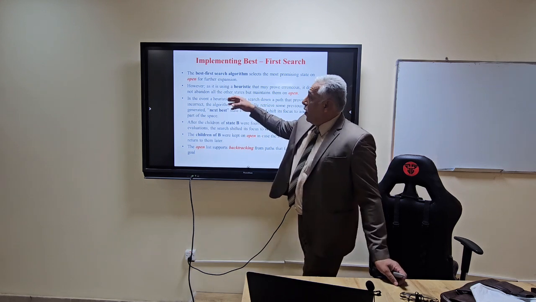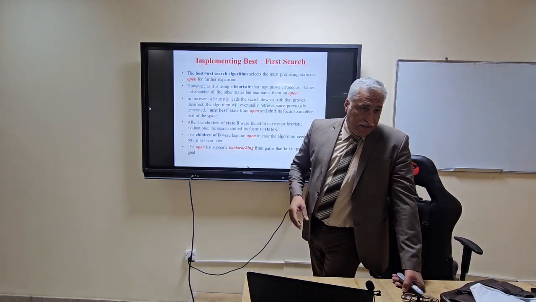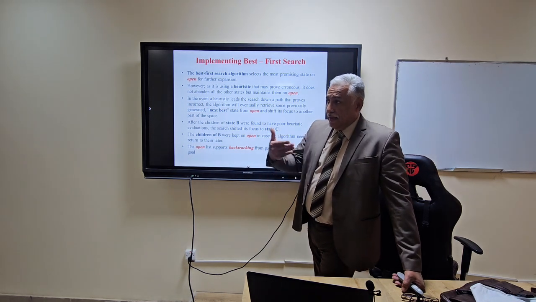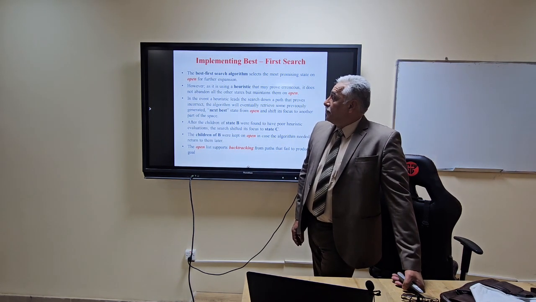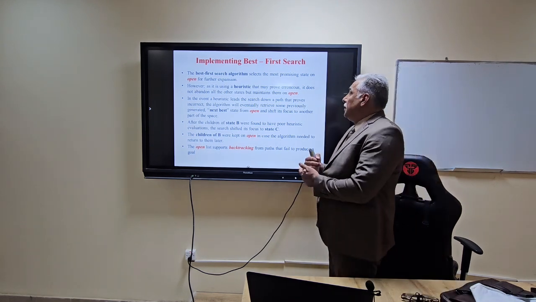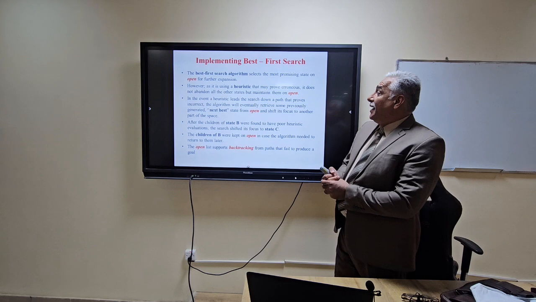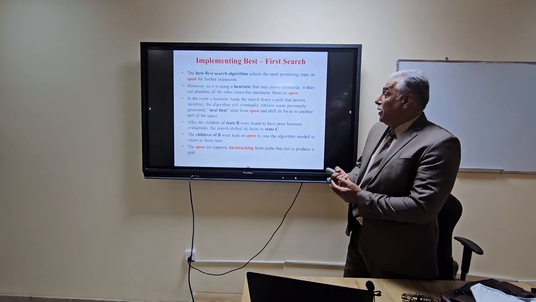That means open contains all the nodes we want to explore and expand in the future. However, as it's using heuristics that may prove erroneous, it does not abandon all other states but maintains them all on open.